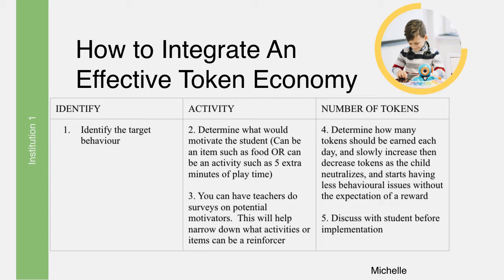And how they can get it by using the tokens, and what behaviors they should be displaying and when, which would be all the time, because they're positive behaviors. Discuss this with the student, so that way they have a fair chance at displaying good behaviors.